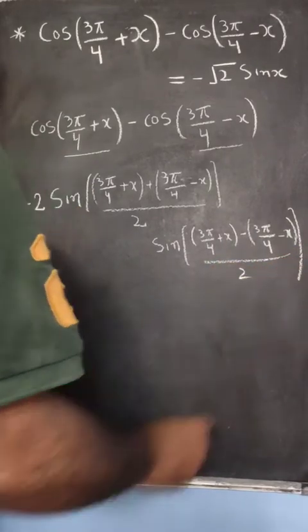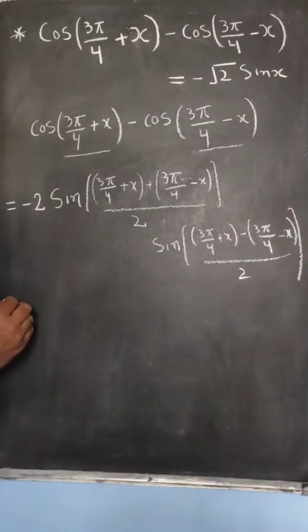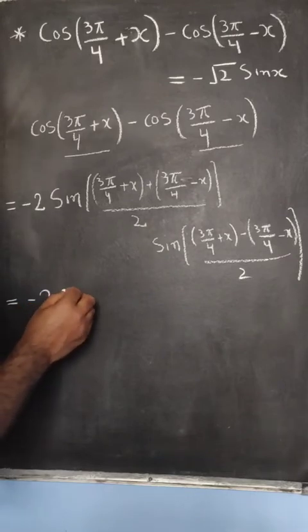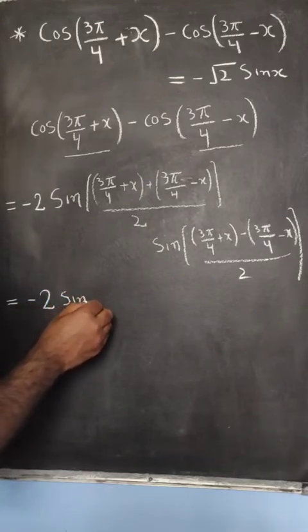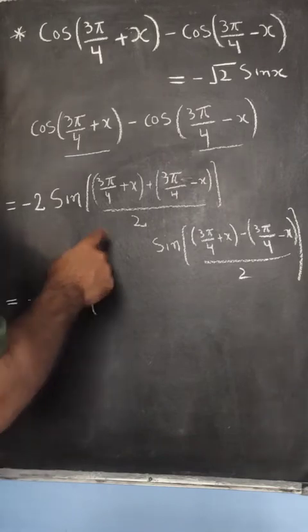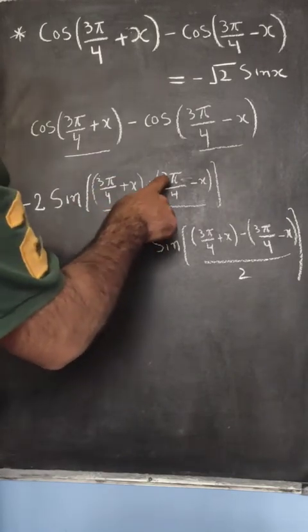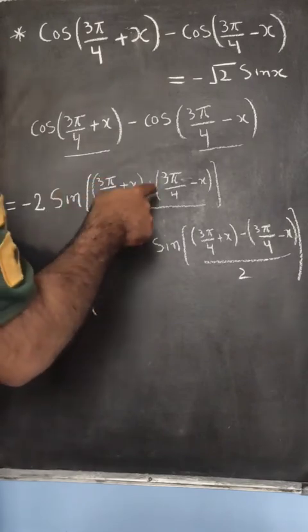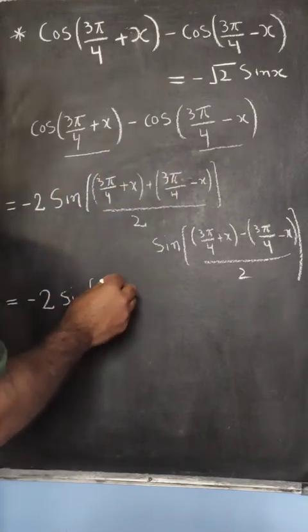divided by 2. That's further equal to minus 2 times sine of 3 pi by 4 plus 3 pi by 4, that is 2 times 3 pi by 4, that is 3 pi by 2.